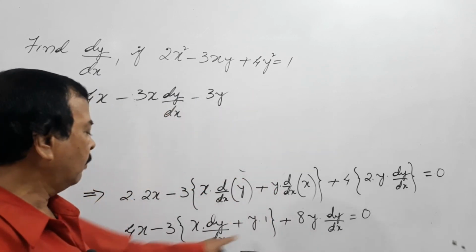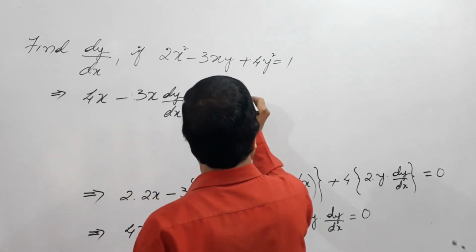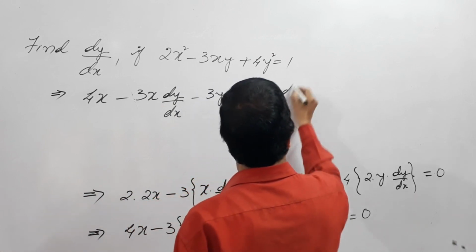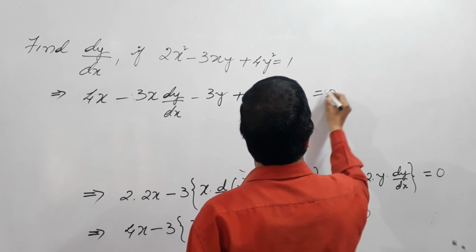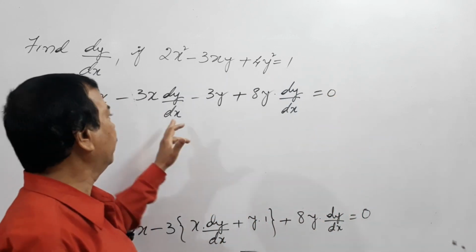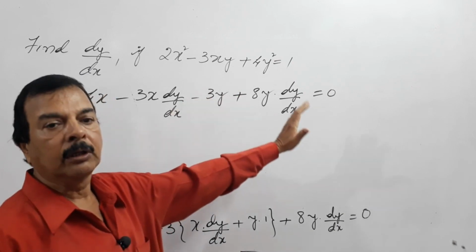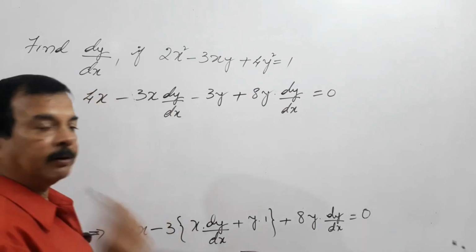You have this 3 common to both, so minus 3y plus 8y into dy by dx equals 0. We will try to group dy by dx, we try to keep dy by dx on one side and the remaining non dy by dx terms on the other side. So as per the definition we will do this.